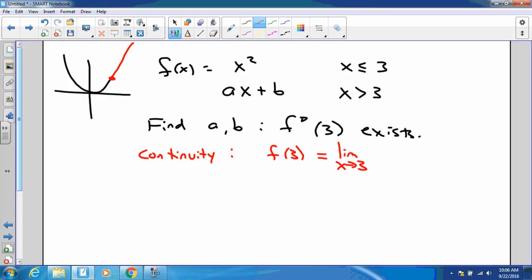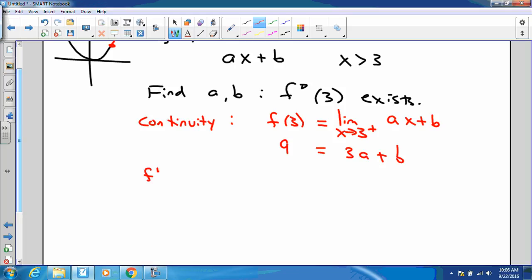I'm going to require that f of 3 be the same as the limit as x goes to 3 of f of x. And specifically, I'm going to require that f of 3 match the behavior as x goes to 3 from the right, because I know already it matches from the left. And so I get 9 equals 3a plus b. Well, that's nice. But it's also an equation with two variables. So continuity is not enough to guarantee differentiability.